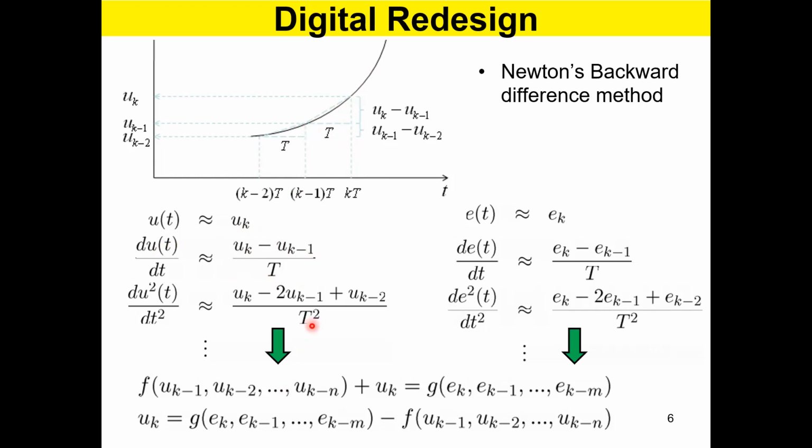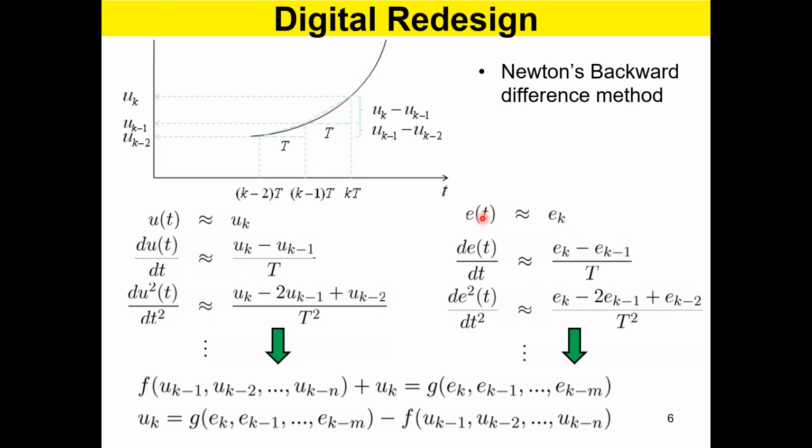So then it becomes T squared in the denominator, and this is the second derivative. Please do that if you have forgotten this discrete calculation for rate of change. And you can go on for higher derivatives.